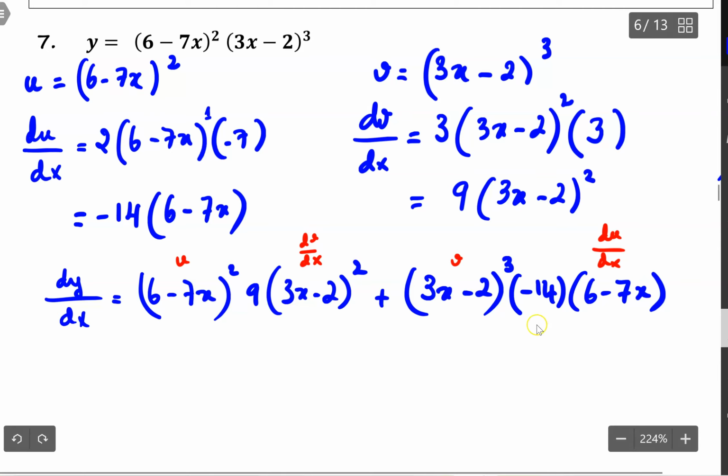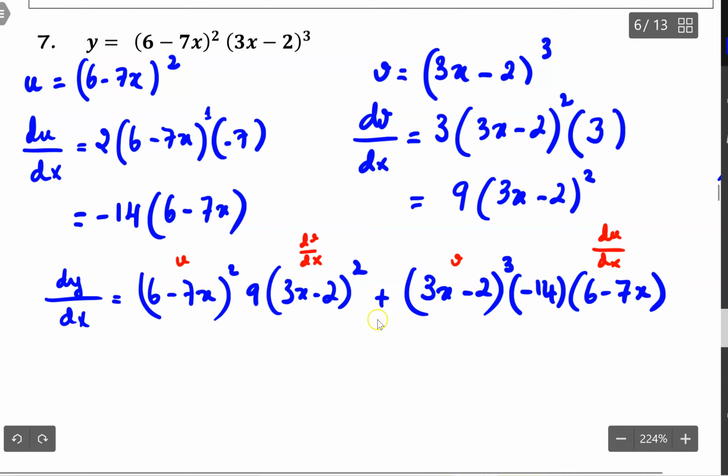But before I explain this in detail, I will ask everyone to recognize that when you factor out the common factor, you can factor out a binomial as well. It's not that you just factor out one term or one number.